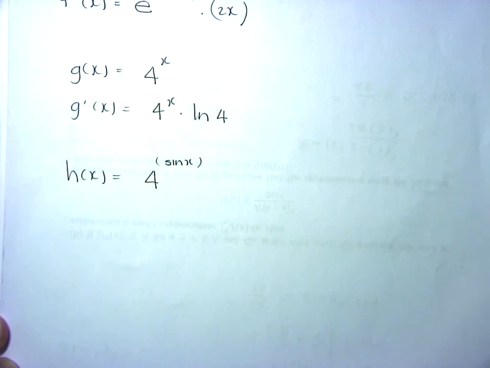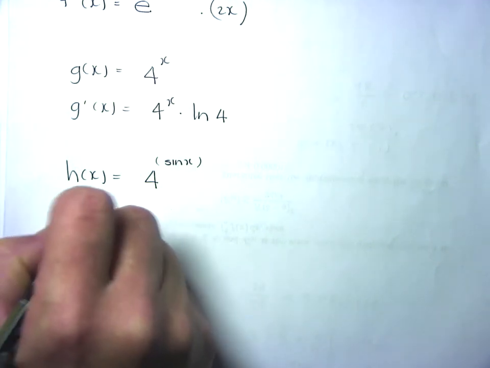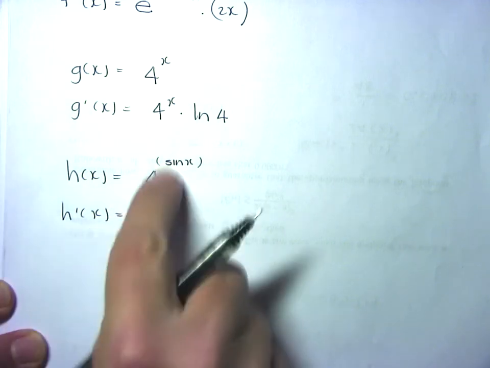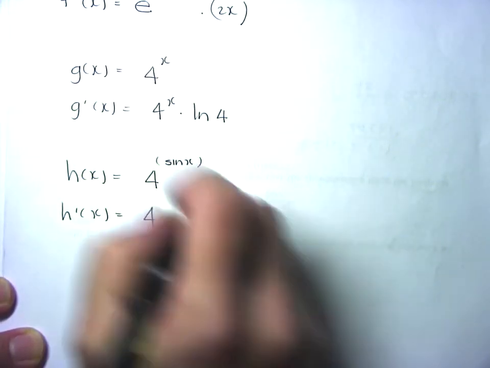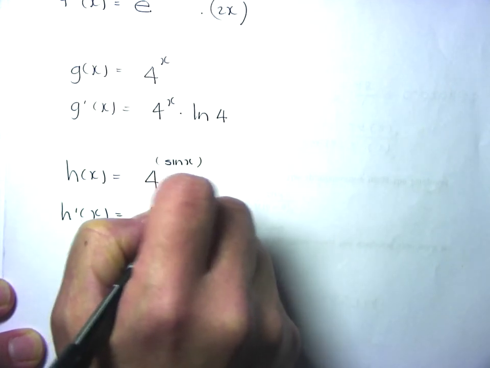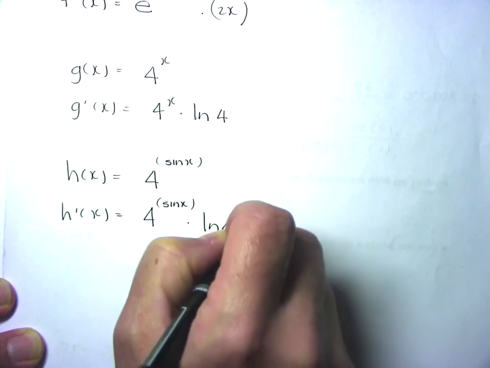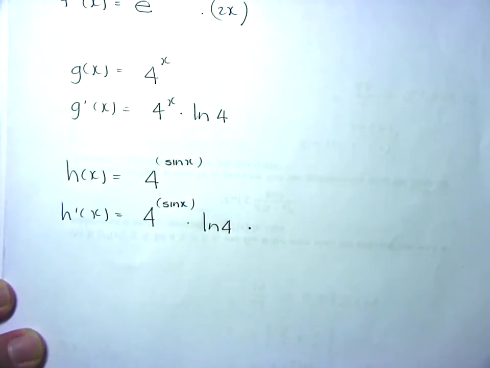So when we take the derivative here, h prime of x, again, just take derivative of the outside. What is the derivative of 4 to the power x? 4 to the x times natural log of 4. All right, but now just instead of x, we have a function plugged in there. So the derivative of the outside would be 4 to the power, just leave the inside alone, so 4 to the power sine x times natural log of 4 times, now we get to take derivative of the inside.